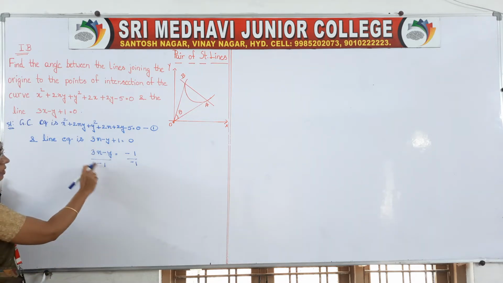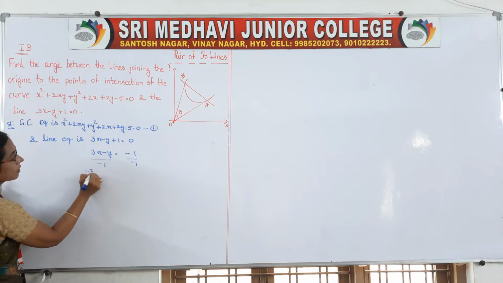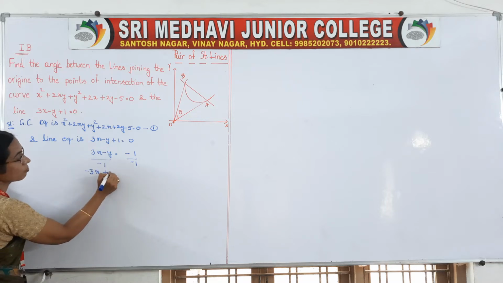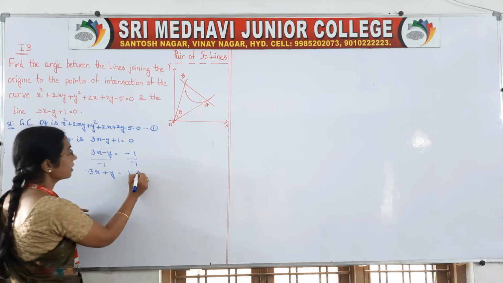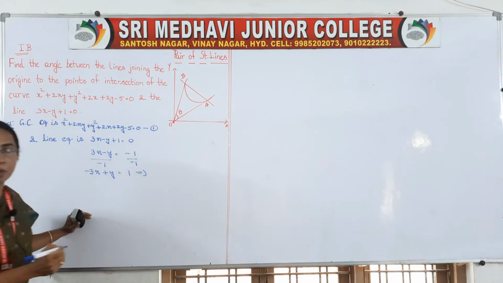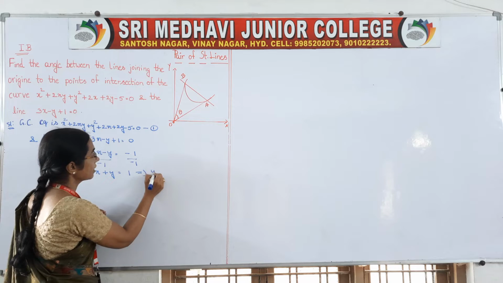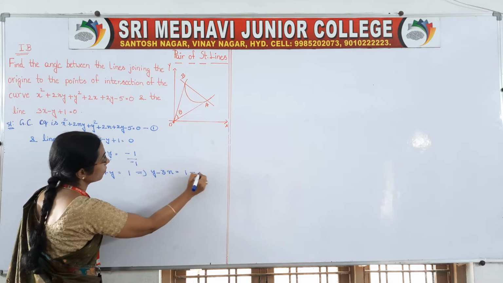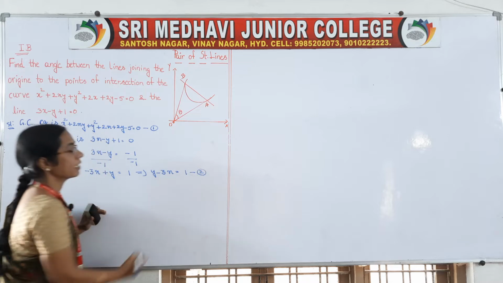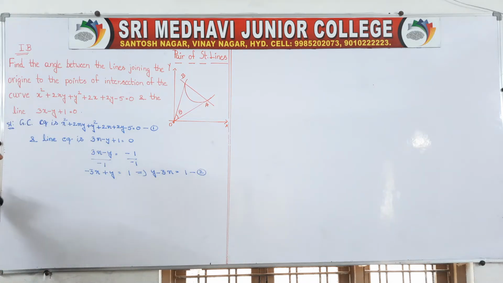Then this will be minus 3x plus y is equal to 1. Generally the first term should be positive, so we can write this as y minus 3x is equal to 1. You consider this as your second equation.